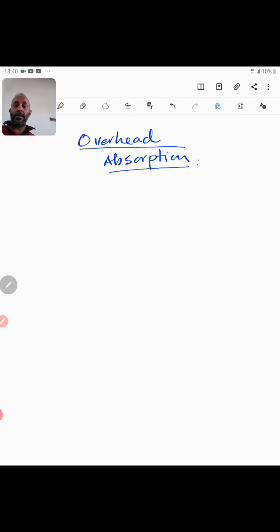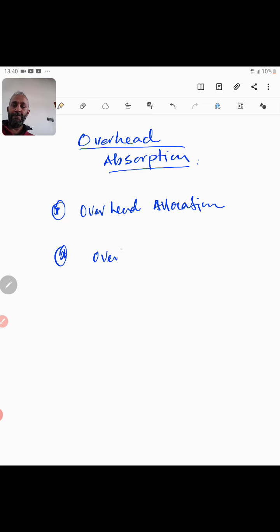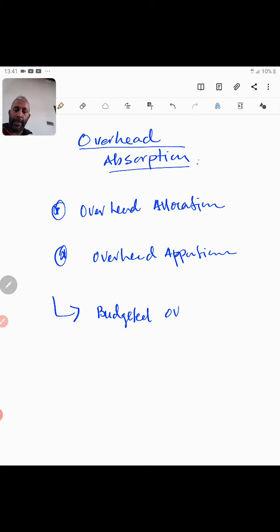At one point, after completing overhead allocation and overhead apportionment, we will reach a stage where we will calculate or arrive at the budgeted overheads.